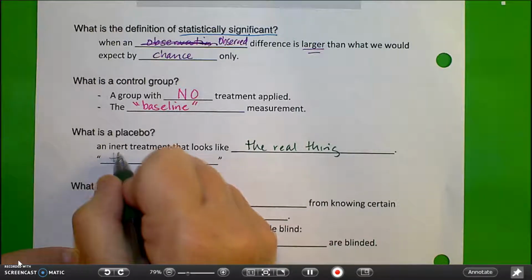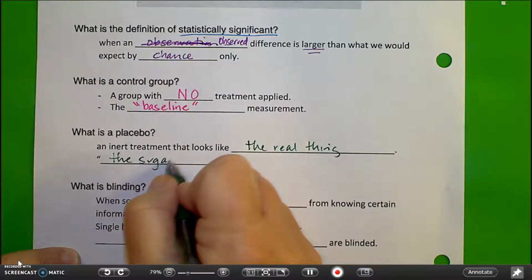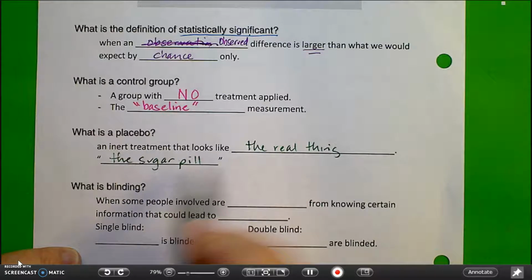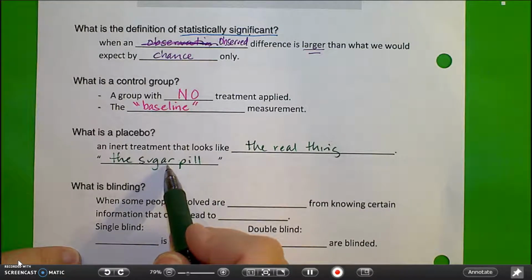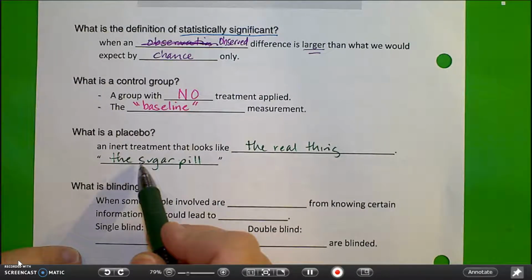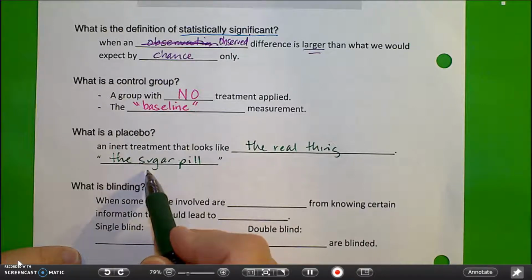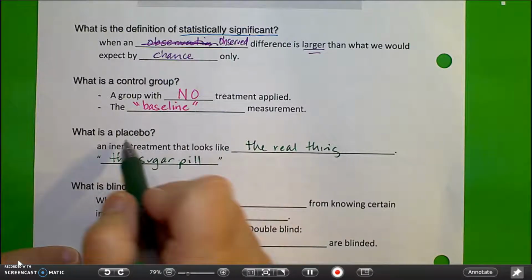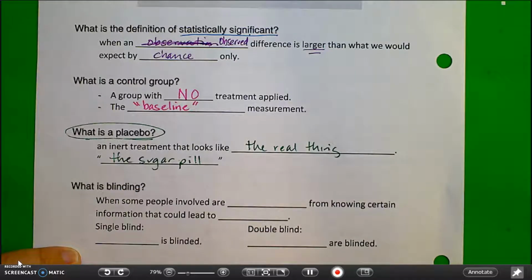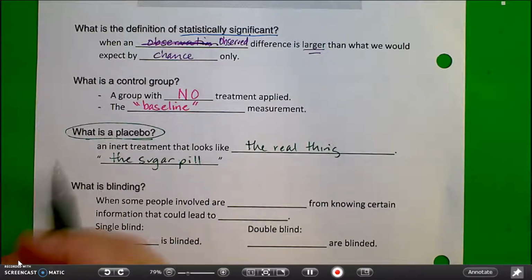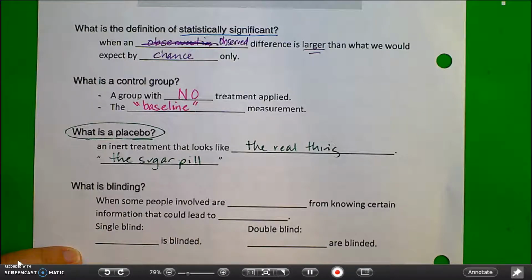You've probably heard it called the sugar pill. So it looks like they're receiving a treatment just like everybody else in the experiment, but the treatment should have no effect. There's a thing called a placebo effect, where even if people think they're receiving some treatment, they could have some physical response, even though they are really just receiving a placebo. So the mind is a powerful thing.